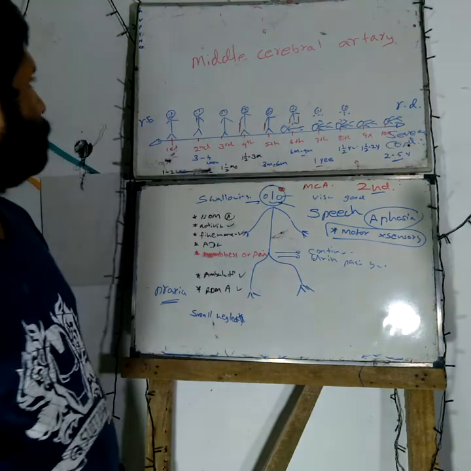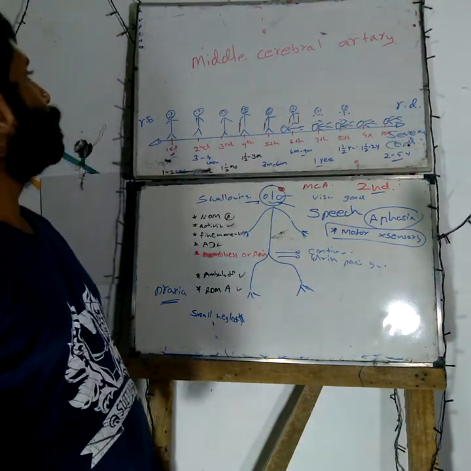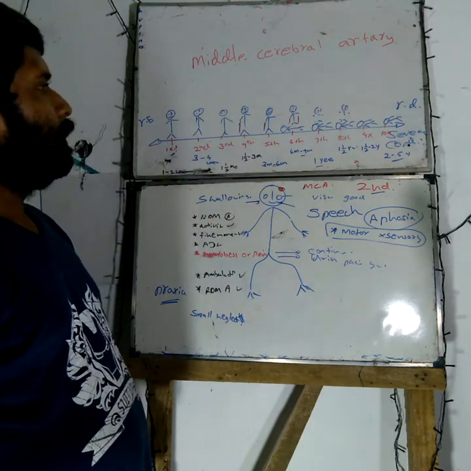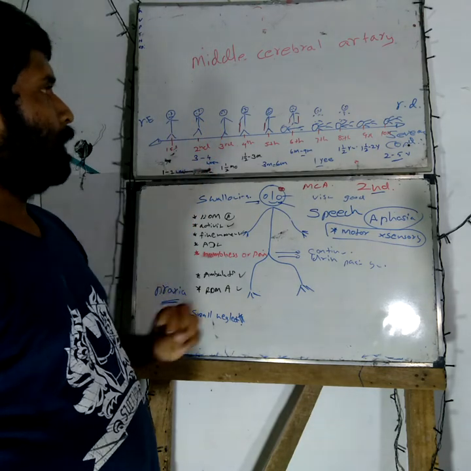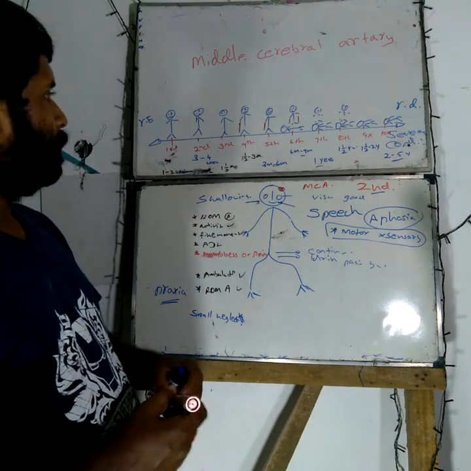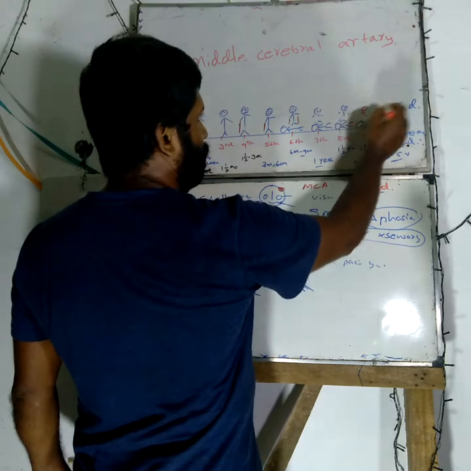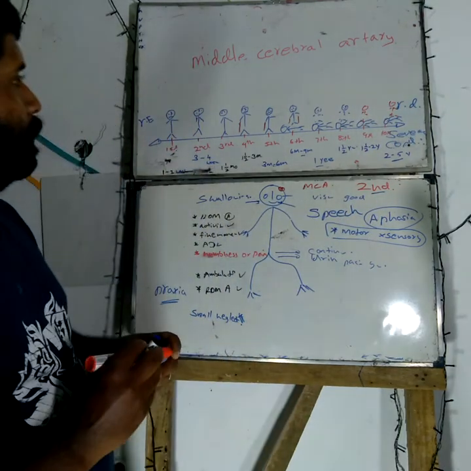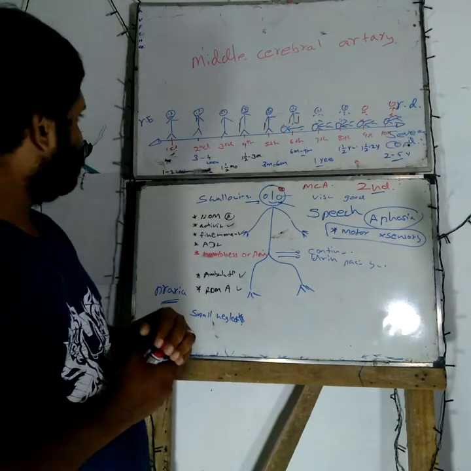Today also we are going to discuss the same topic, middle cerebral artery. We divide the 10 stroke patients, and how these 10 stroke patients recover with this categorized method.